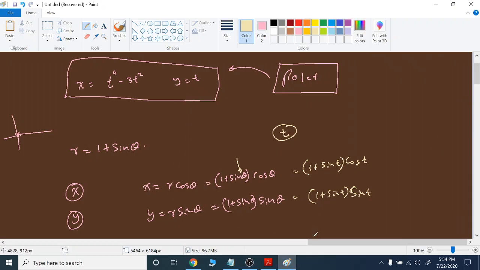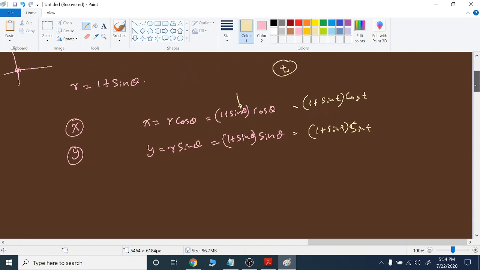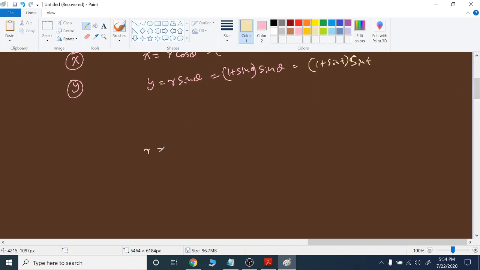And I will do one more example for this curve plotting. How about this one? r equals sine 8 theta by 5, right? In the similar way, x is equal to r cos theta, y is equal to r sine theta. Therefore this will be sine 8 theta by 5 times cos theta, and sine 8 theta by 5 times sine theta.